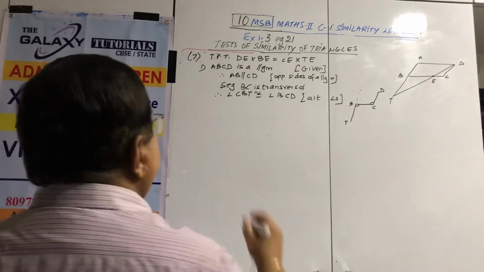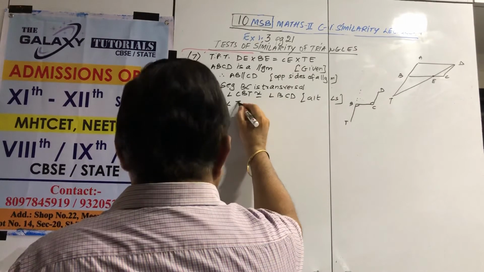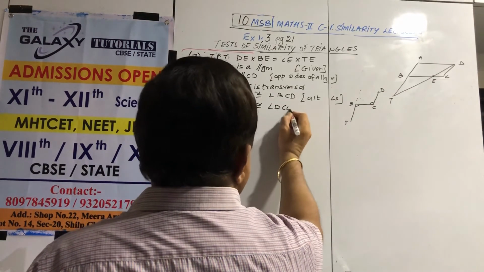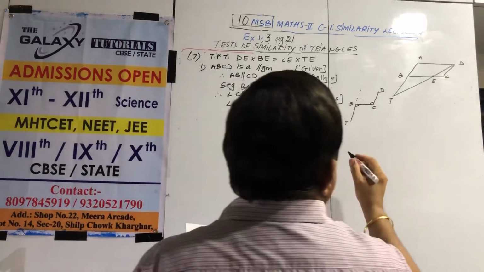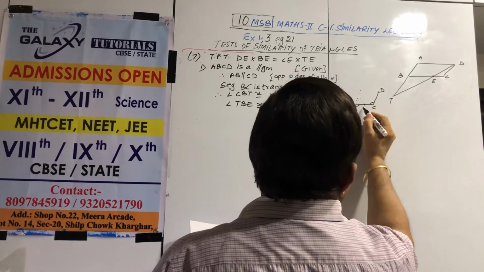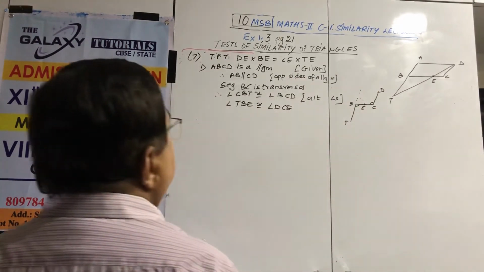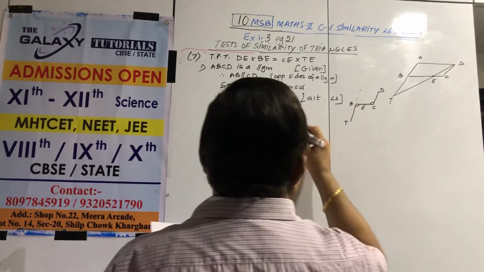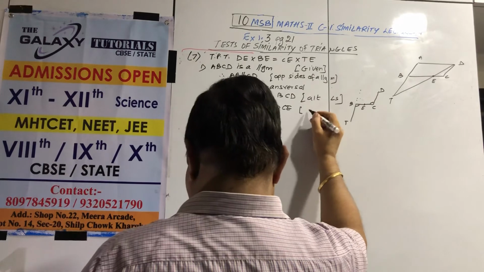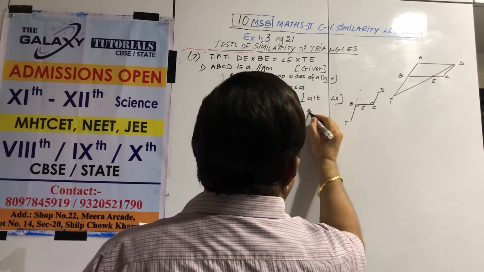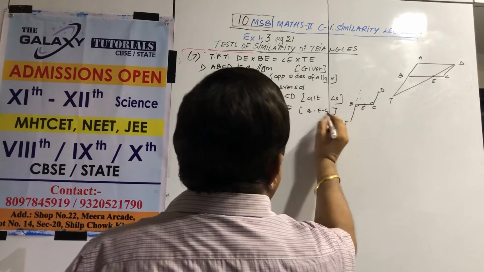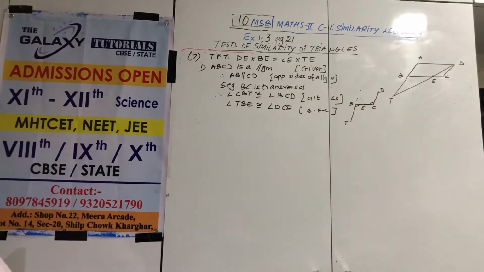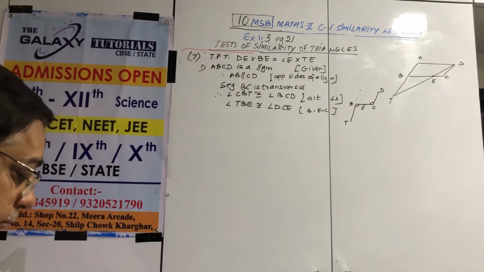And angle TBE is congruent to angle DCE. TBE. Now we are cutting here. Is congruent to DCE. Betweenness, we have made the angle smaller. I will write here betweenness BEC. So if full angles are congruent, then the part of those angles are also congruent.